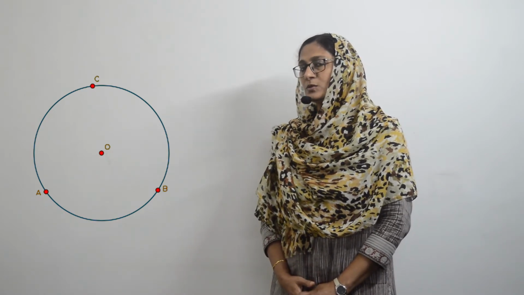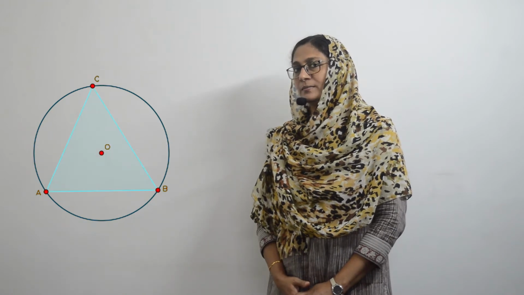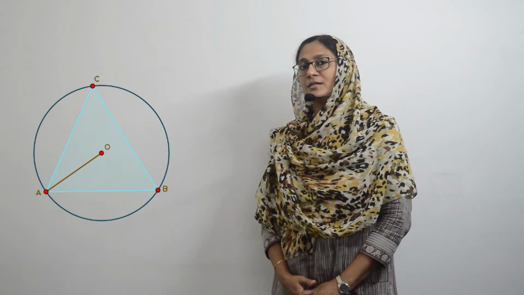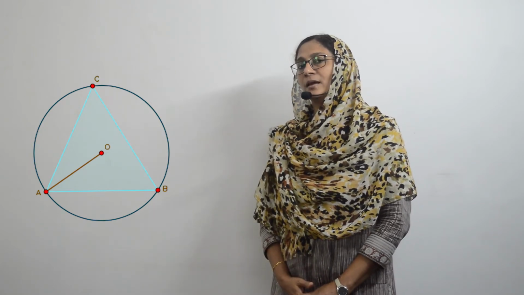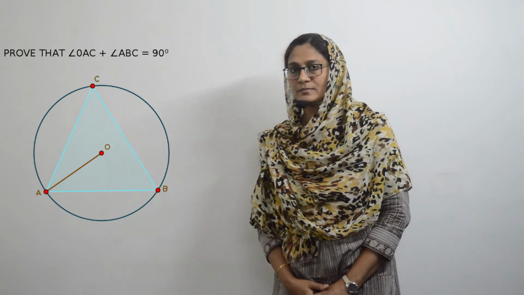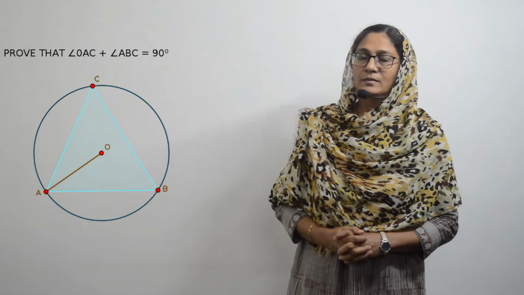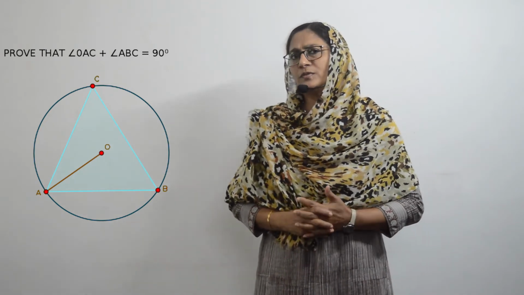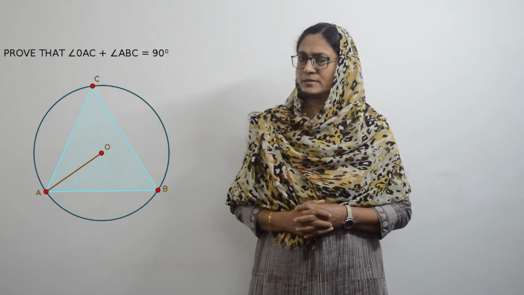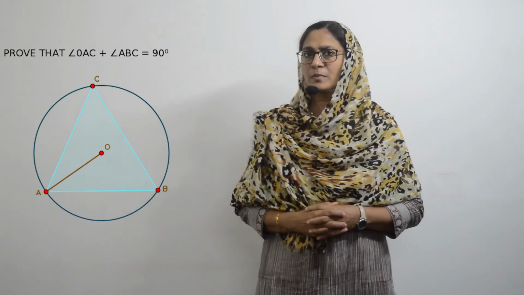Joining A to B, B to C and C to A makes a triangle, and also join O to A. We have to prove that angle OAC plus angle ABC equals 90 degrees. We need to prove this question using the facts that we have studied about circles. Let us think about it.